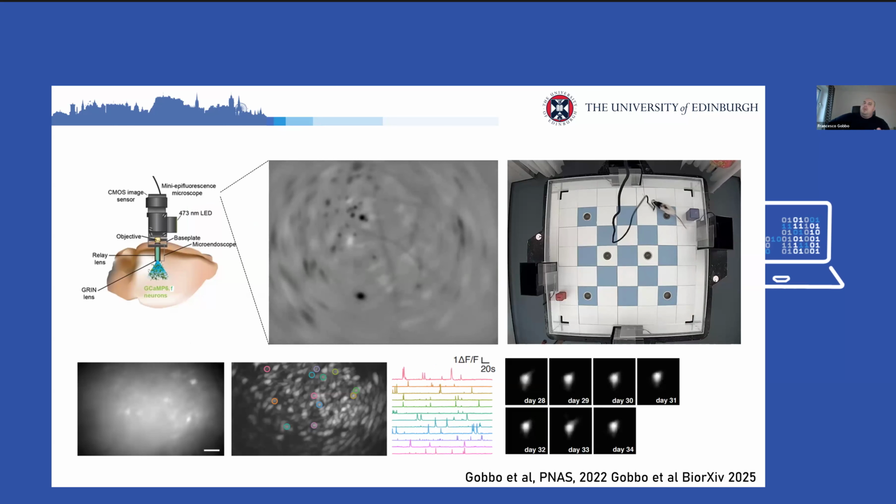So to answer this, we made use of miniaturized microscopes, or miniscopes. Tommaso did a great job explaining how GRIN lenses and miniscopes work. But to briefly recapitulate, miniscopes essentially contain the minimal elements of microscopes and allow the recording, from deeper brain structures, of the activity of neurons expressing fluorescent sensors. In this case, we were using GCaMP6f.